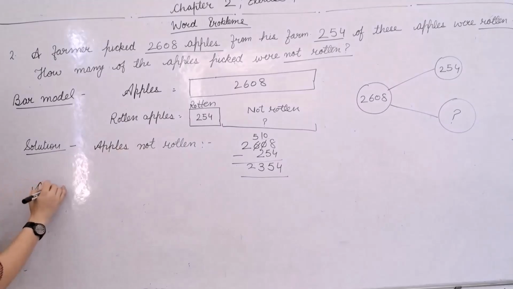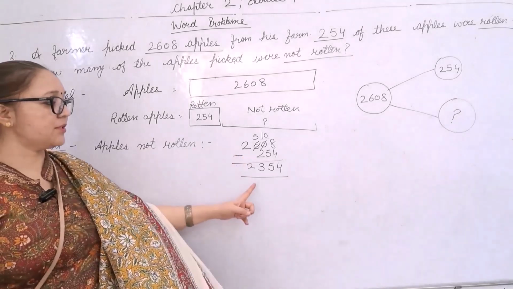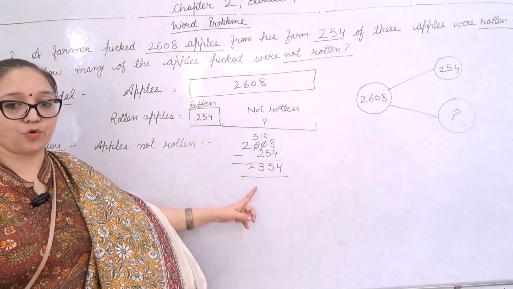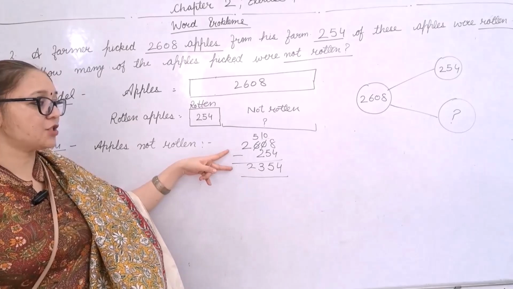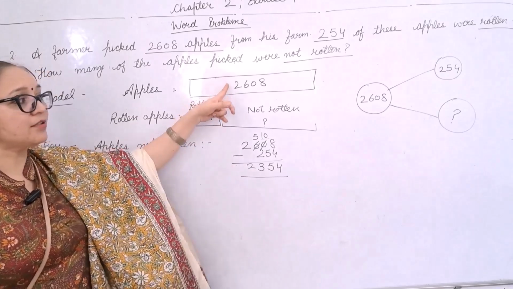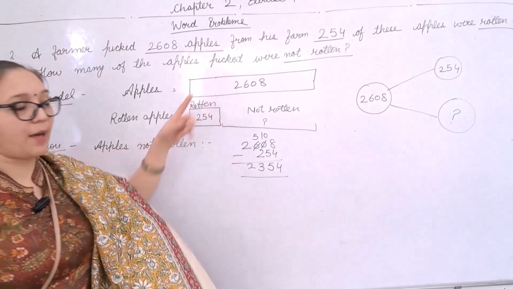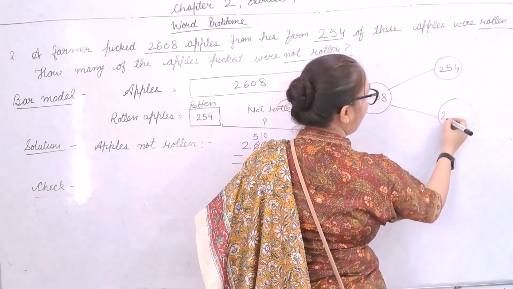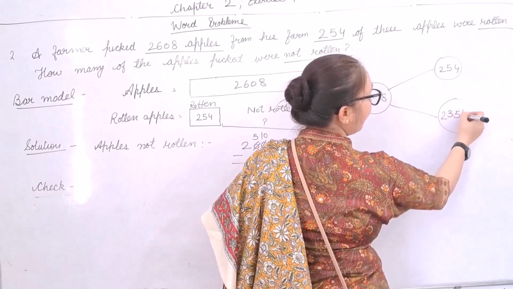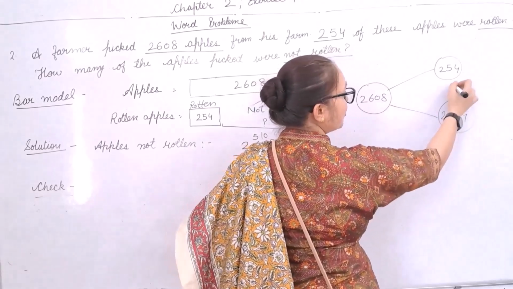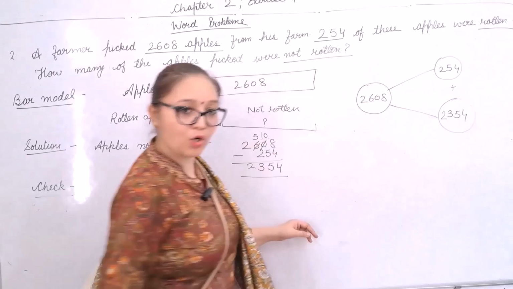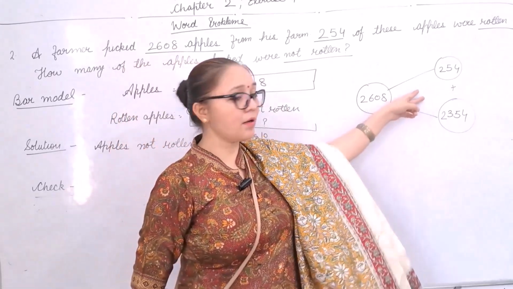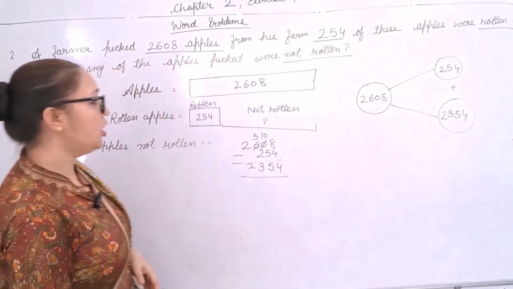Now let's check. Now we have two things, rotten apples and the apples that are not rotten. If we add these two numbers, we will get the total apples. Here, how much have we got? 2,354. If we add these two, we will get our whole number, the total apples.